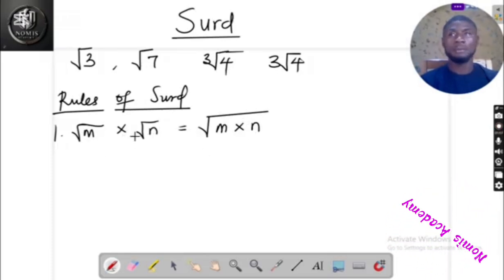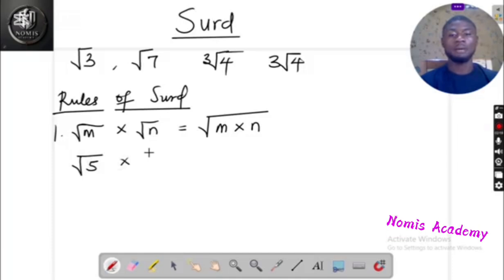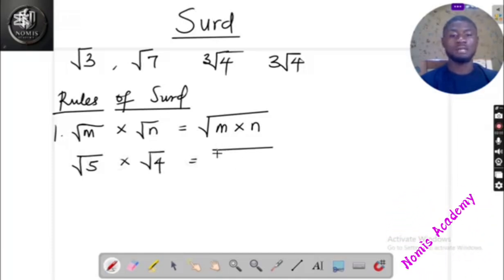That means that if I have the root of a number multiplied by the root of another number, I can just multiply the numbers together and find the root. For instance, let's say we have root 5 multiplied by root 4. This can be written as root 5 times 4, such that my answer is root 20.